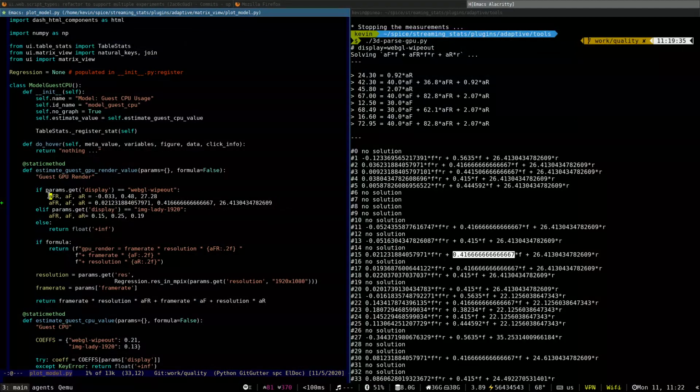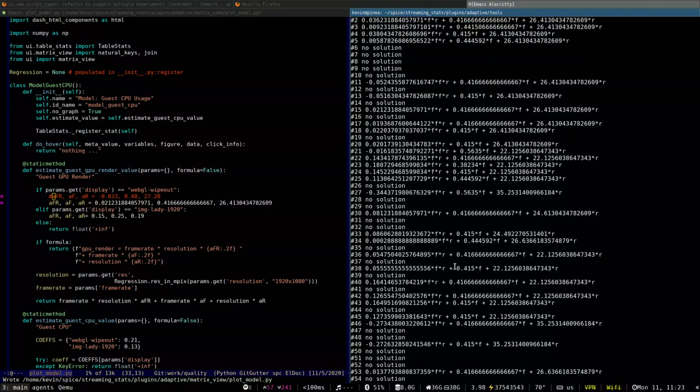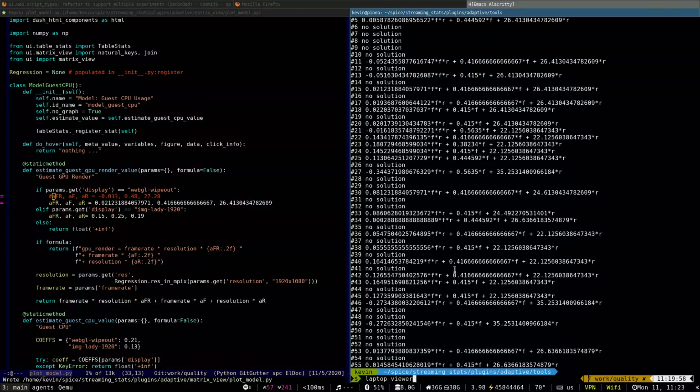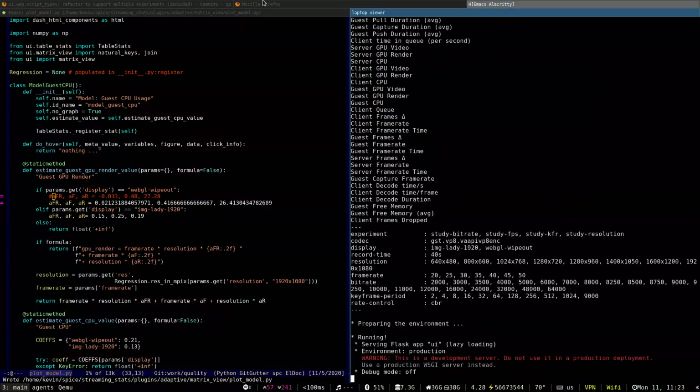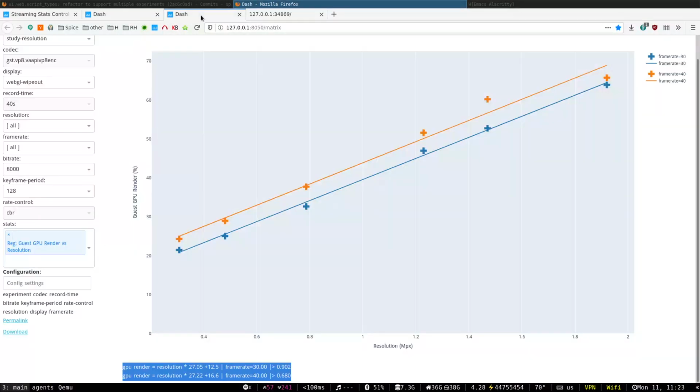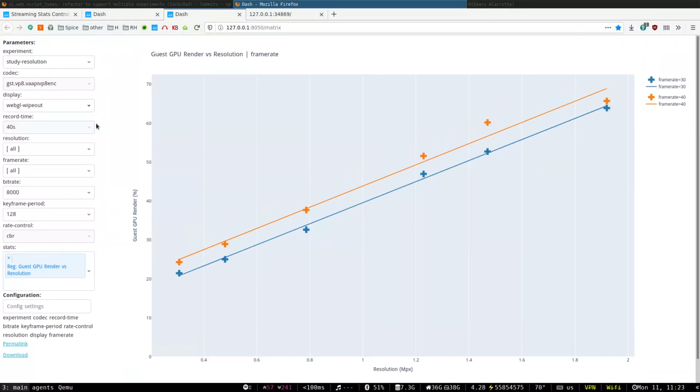So I save this, I comment this one, and we use my old computation for the still image. And we run the viewer again, and we go back here.